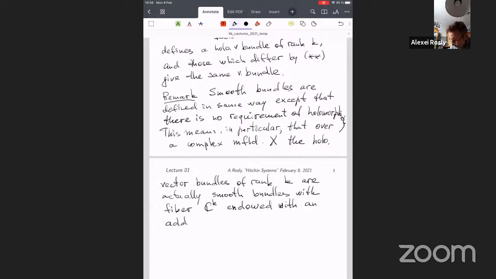What is this additional structure? A choice of such transition functions inside the gauge equivalence class, such that the transition functions are holomorphic. I will not describe this further; it is more or less clear, but it will be useful later.